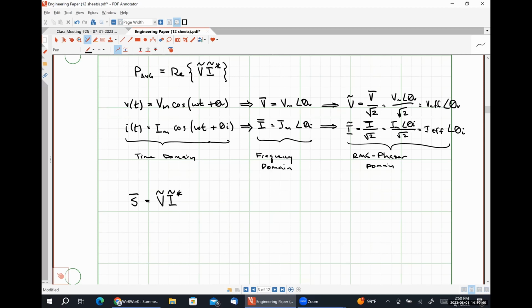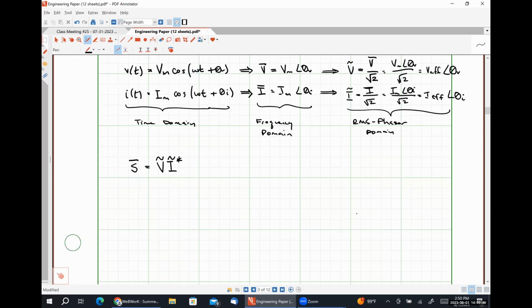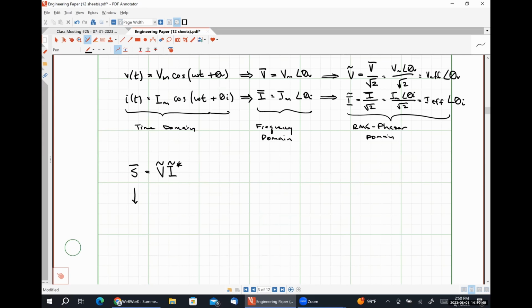So complex power is not measured in watts, right? So I'm going to put an arrow here. I'm going to give this a name. Complex power. And complex power is measured in volt amperes, okay, or VA.